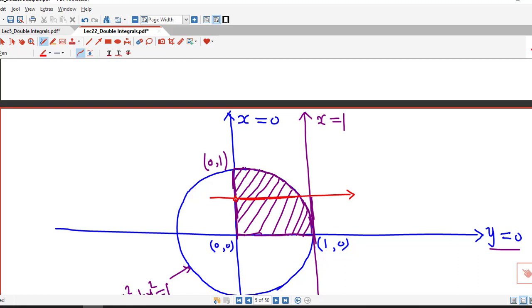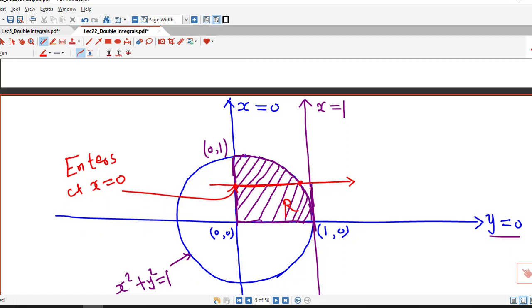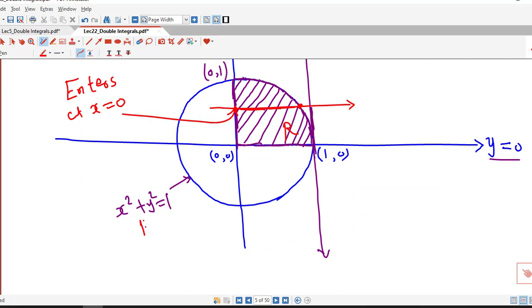So at this point the line enters the region of integration R, and this point is on the y axis. So at this point the value of x is 0. So here we write: enters at x equal to 0. This point is on the circle, so from the equation of the circle we can determine the value of x.